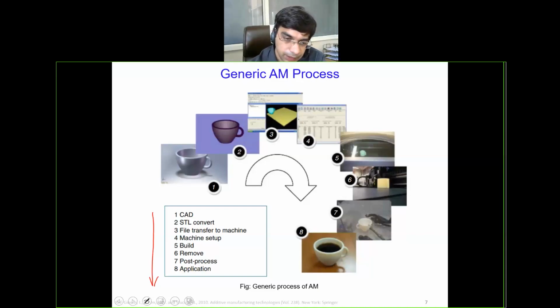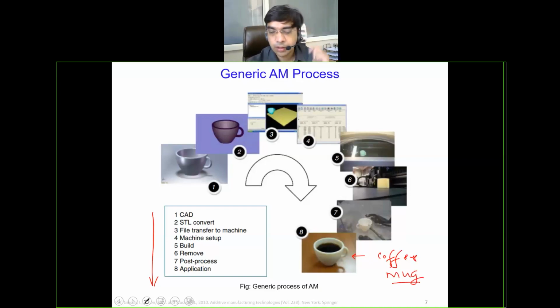The fundamentals will not change. Only the material or the technology will change, but the steps remain the same. So we will discuss these 8 steps now. Step number 1. Here we are taking the example of making a coffee mug. Okay. Suppose you want to make this coffee mug.